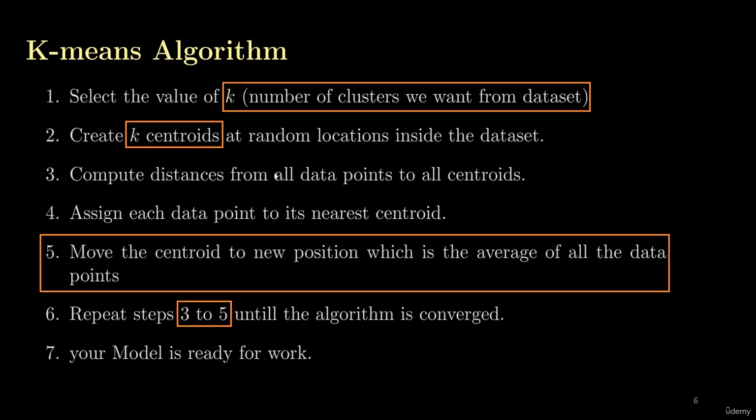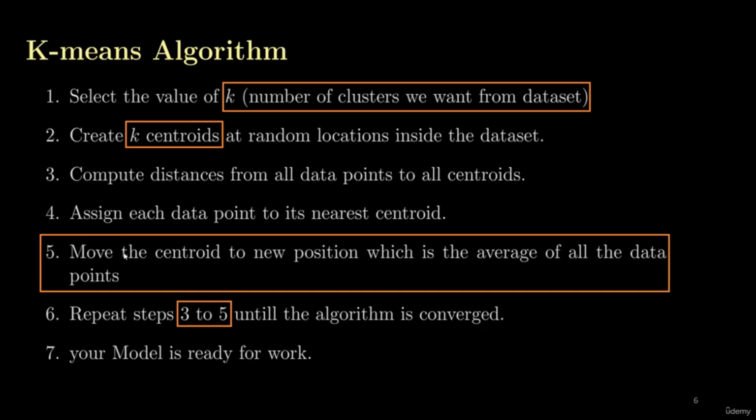Suppose I have a data point whose distance from the first centroid is 3, from the second centroid is 4, and from the third centroid is 5. So I will assign that data point to centroid 1, which is closest to it, having the smallest distance. So in step 3, we compute the distances of all the data points to all the centroids, and then we assign each data point to its nearest centroid.